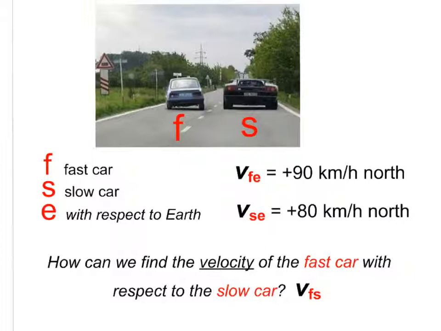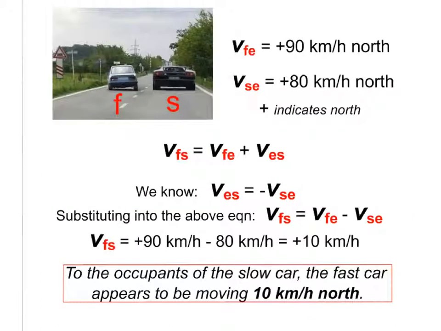How can we find the velocity of the fast car with respect to the slow car? We would represent that as the velocity of the fast car with respect to the slow car. In order to do that, we can find it by adding two vectors in which it begins with the fast car and ends with the slow car.